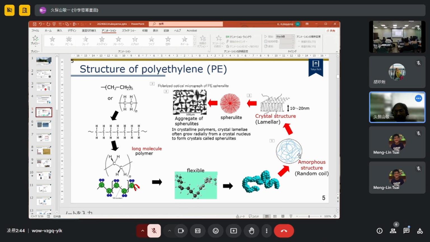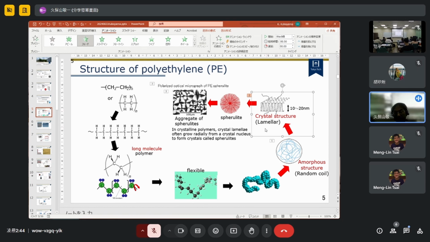Under certain conditions, the polymer can also form a crystal structure. This is called the lamella structure, the lamellar crystal structure. Normally, in many cases, polymer crystal is like this. The polymer chain folds like this and forms an ordered structure.